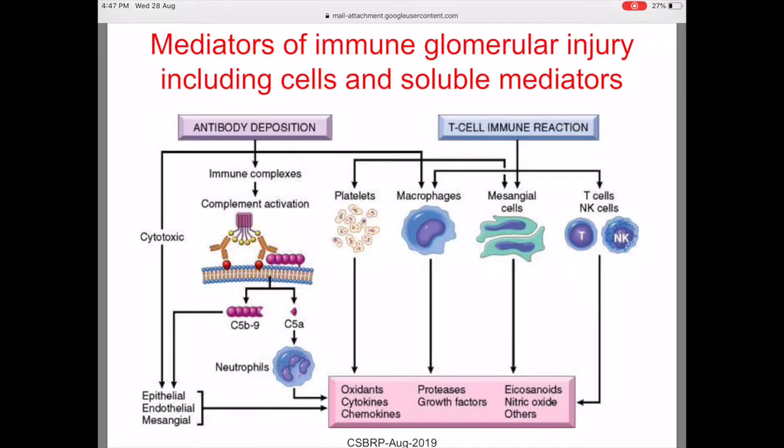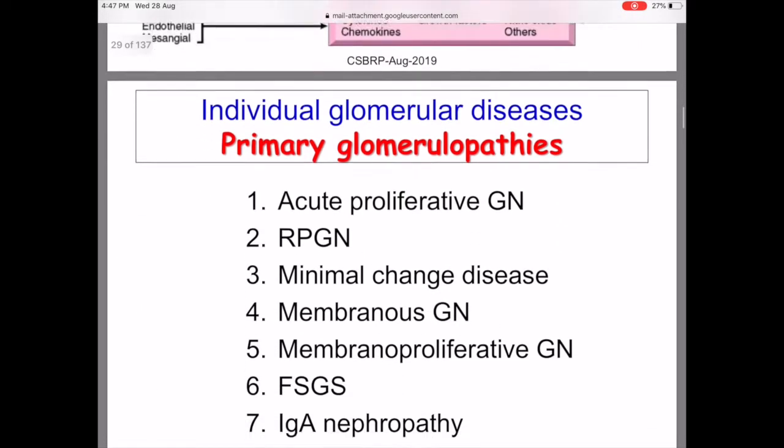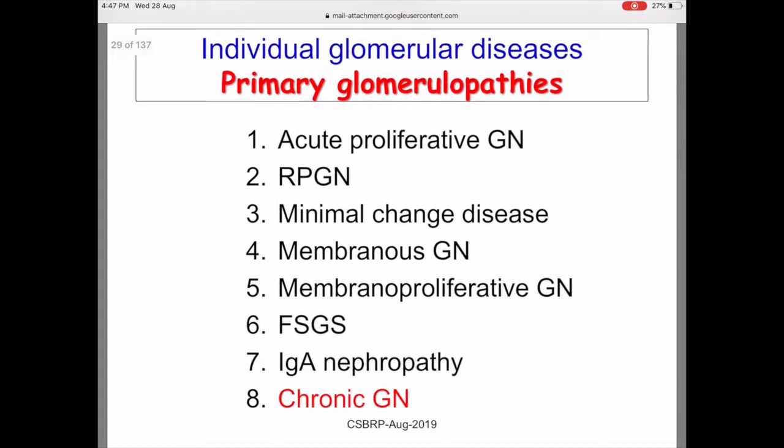So these are mediated by soluble cell factors, which we will call cytokines. The glomerular diseases are mainly divided into two categories: primary glomerulopathies and secondary glomerulopathies. Primary glomerulopathies are those diseases wherein the glomerulus is the primary target for destruction or affection, whereas secondary glomerulopathies are those conditions wherein there is systemic infection or systemic disease process in which the glomerulus is secondarily involved.